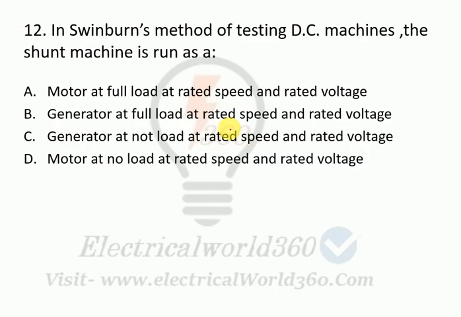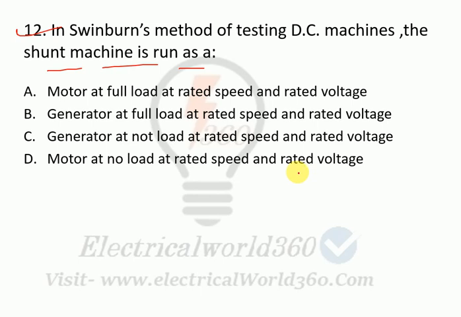This is question number 12. In the Swinburne method of testing DC machines, the shunt machine is run as: a motor at full load at rated speed and rated voltage, generator at full load at rated speed and rated voltage, generator at no load at rated speed and rated voltage, or motor at no load at rated speed and rated voltage.